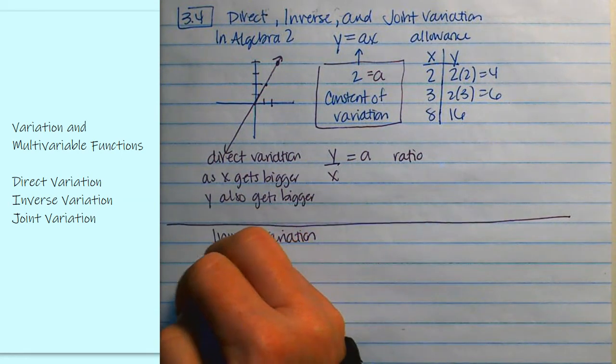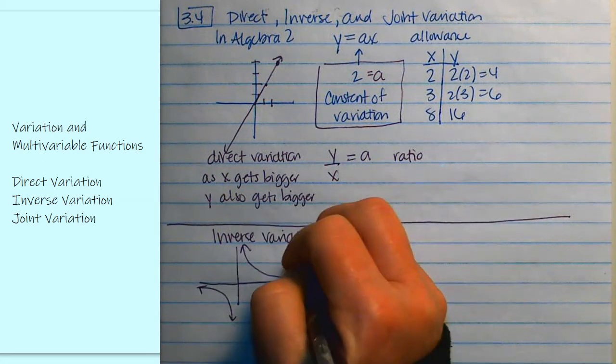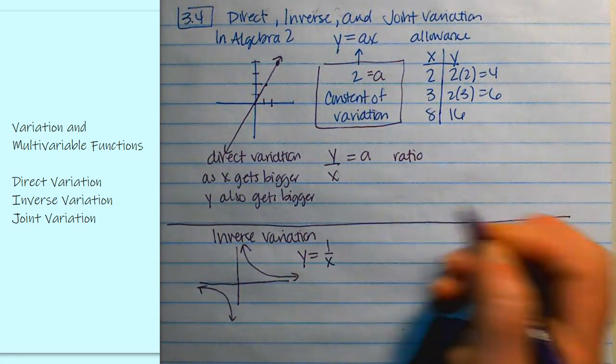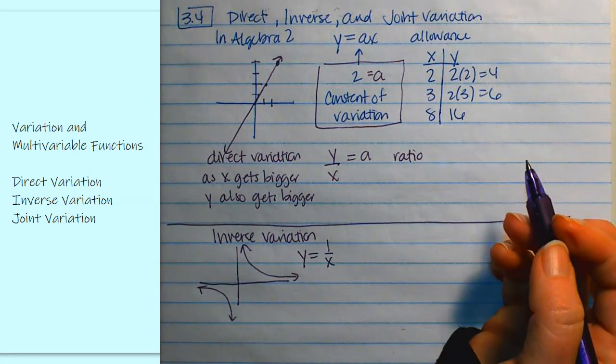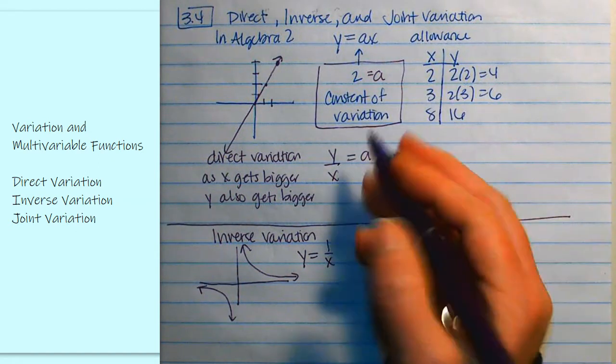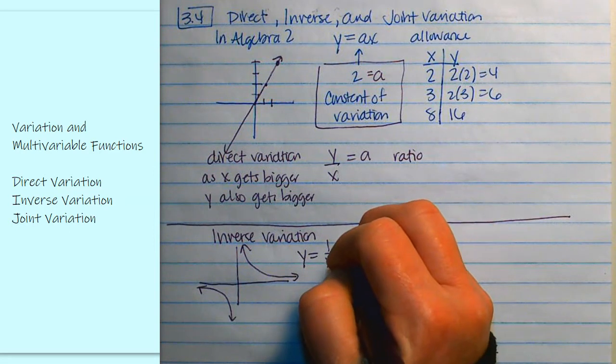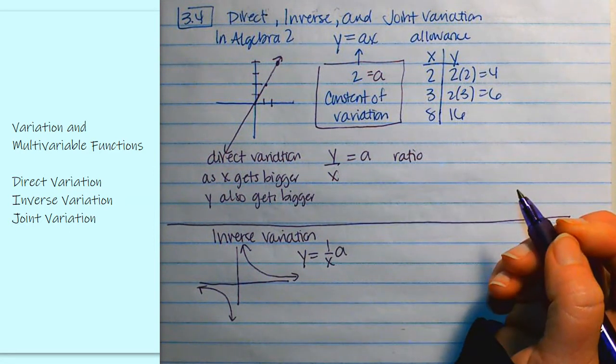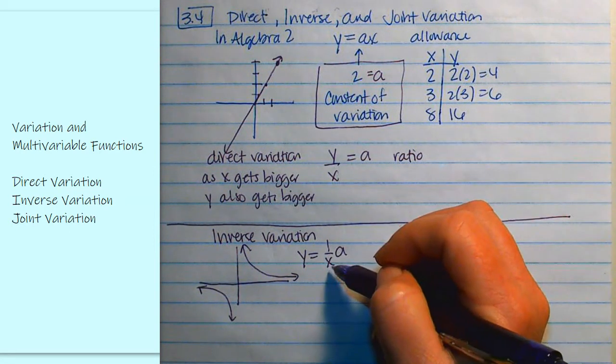If you remember, we called this y equals 1 over x. With inverse variation, we still have to have our constant of variation. So we're going to say that this is 1 over x times a, or a over x. So x goes in the denominator for inverse variation.